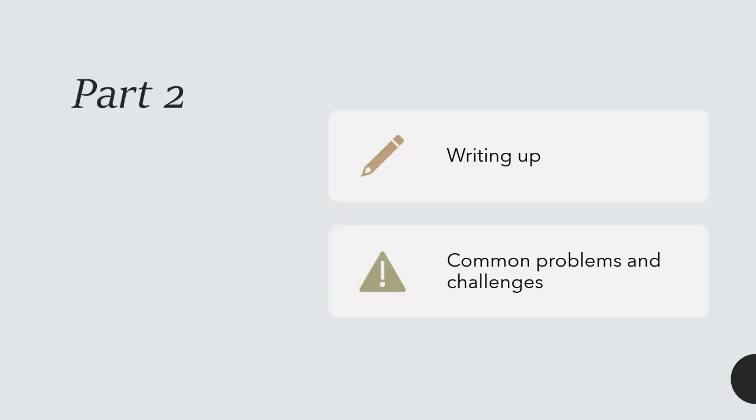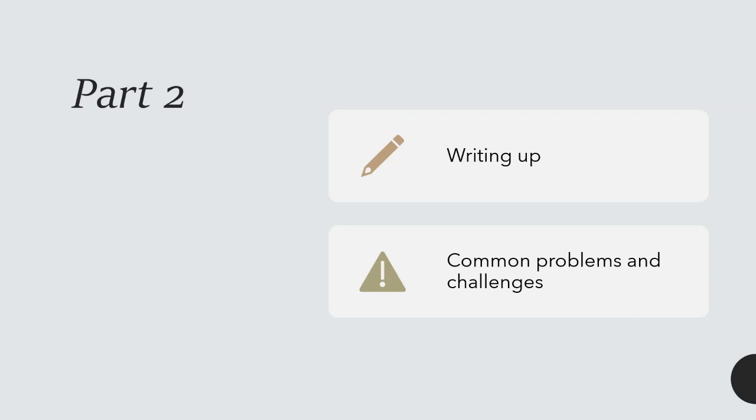So now we're going to carry on with the second part of our discussion tonight, and that's specifically focusing on how we write up, and the common problems and challenges that we might have when writing up our review. So we've now planned it, we have identified our sources, we have analysed our literature in whatever form it might be, and now we are ready to start writing up our literature review.